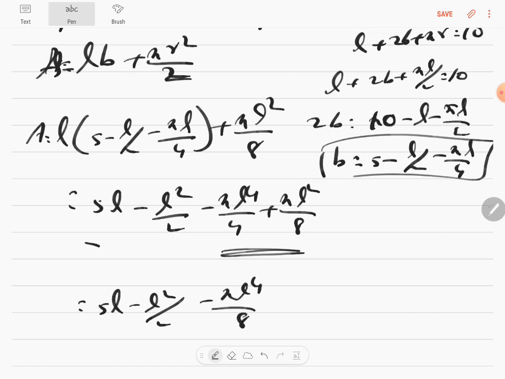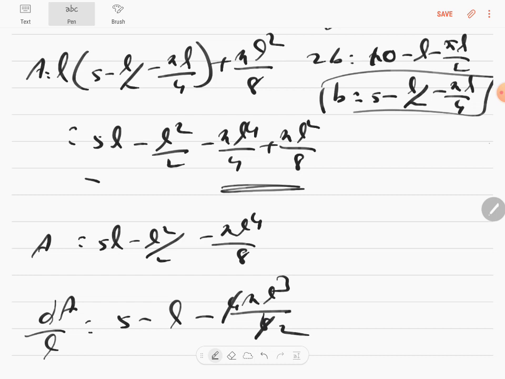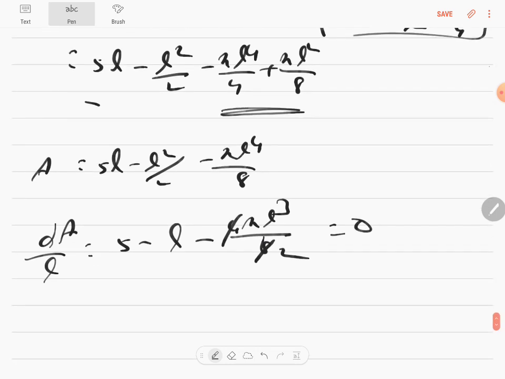Correct? So then this is what A is. dA with respect to dL is 5 minus 2L by 2, 2 and 2 get cancelled, minus 4 pi L cube by 8 is equal to 0.